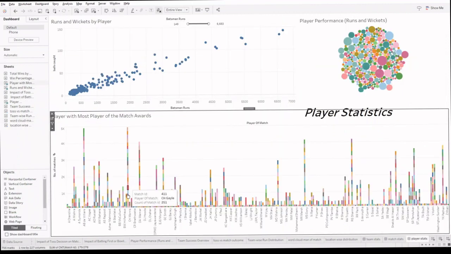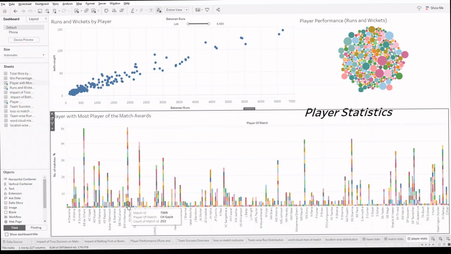So here, if you count from top to bottom, it would be 20 blocks where ABW has taken man of the match awards. If you count from bottom to top, it would be 20 awards. And here, CH Gale has 21 awards.